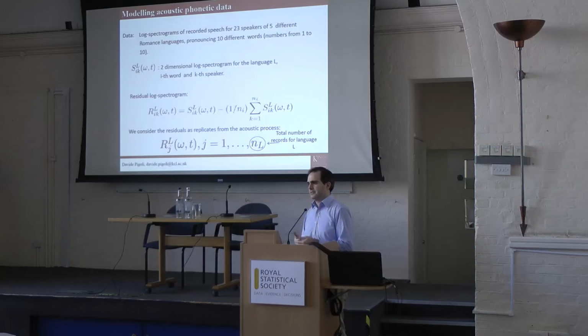Okay, so if we do that, we can simply reorganize our data a bit, and we can remove the mean from each word and treat the residuals we get as replicates from this process, and we can use these residuals to estimate the covariance structure at the language level.